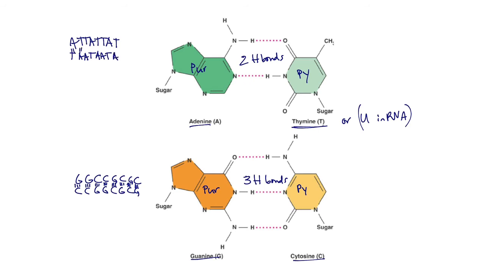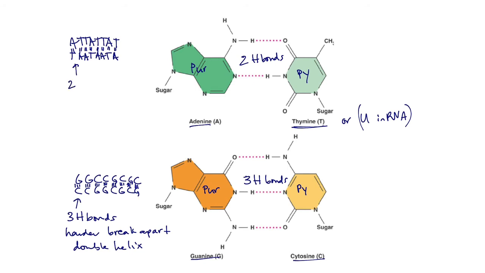Because there are only 2 hydrogen bonds holding each of the T and A pairs together. So a stretch of triple hydrogen bonds is going to be harder to break apart, or denature, if you have many G's and C's.